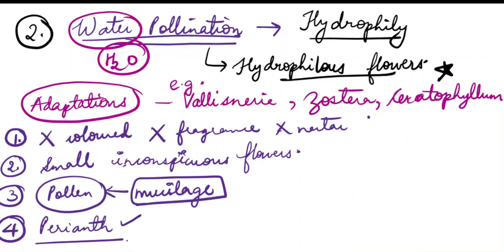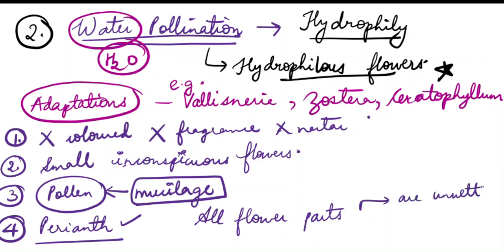That is the perianth. And all flower parts are unwettable, meaning nothing will get wet. So these are the adaptations.